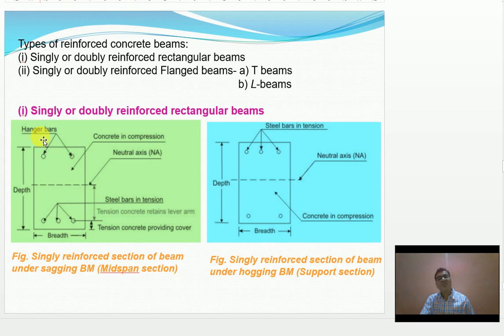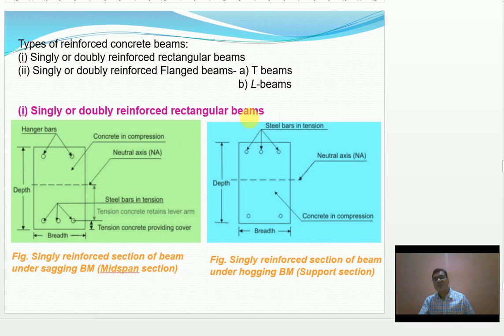These are hanger bars, also called anchor bars, since a stirrup is to be provided, and to keep the stirrup or to have the proper shape of the beam, okay. Well, normally minimum two bars are provided at top, which also holds the stirrups in position, and the bottom steel is the main steel, okay. So here steel is provided at tension face, and hence it is called as singly reinforced section, okay. That means steel is provided at one face only, hence called as singly reinforced section.